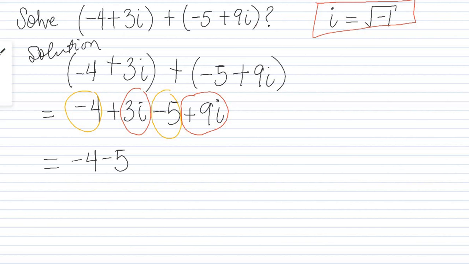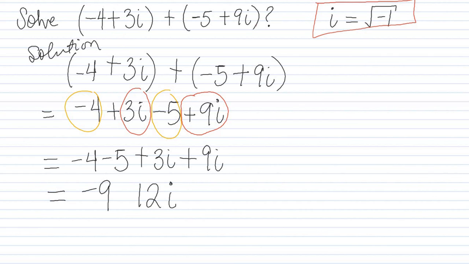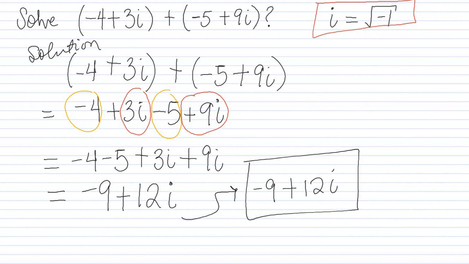Then you just add them up. -4 and -5 is -9. 3i plus 9i is just having the i chilling, there's no change to it. 3 plus 9 is 12, so it's 12i plus -9. So the answer is -9 plus 12i, and this is the answer to the problem.